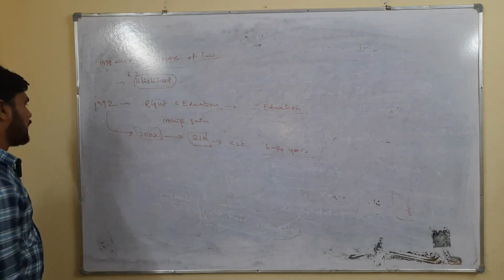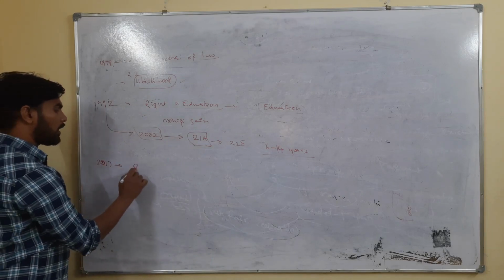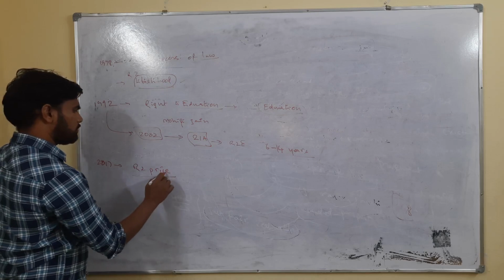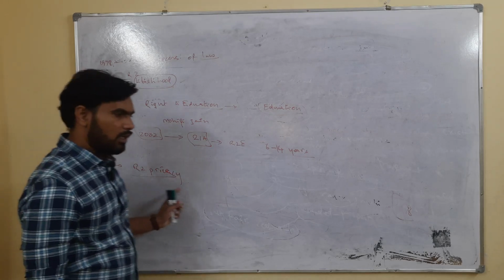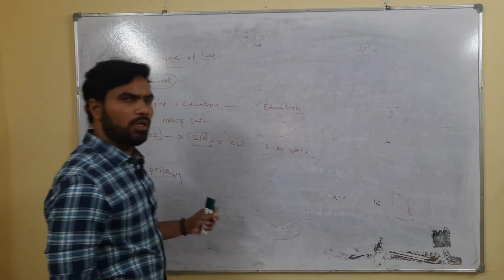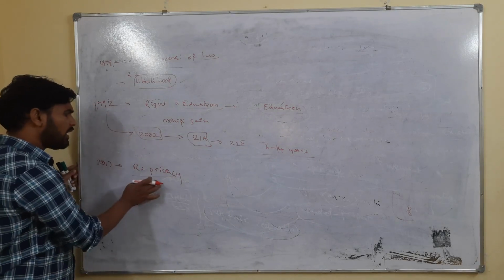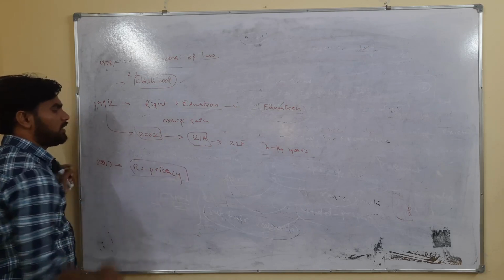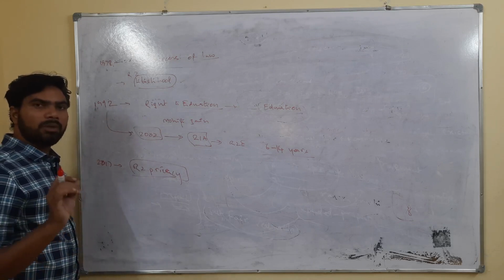Now we will take the latest judgment, 2017, on right to privacy. In the Aadhaar judgment, Puttaswamy versus Union of India case, it was held that people have right to privacy under Article 21, and their privacy has to be protected.